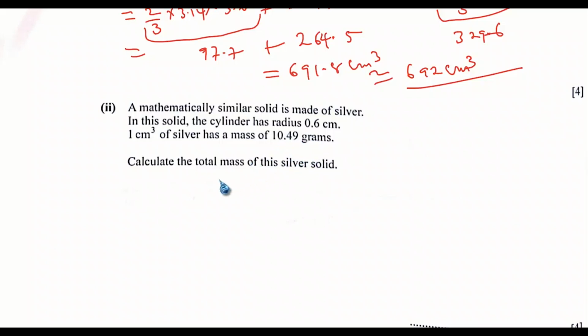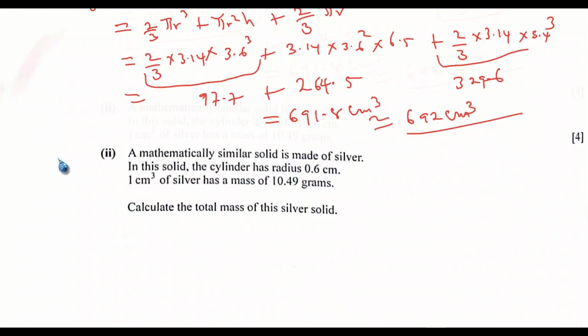That will give us the total mass of the silver solid. So how do we get the volume of the silver solid? Let's denote the radius of the cylinder of the silver solid by RSS, which equals 0.6 centimeters.